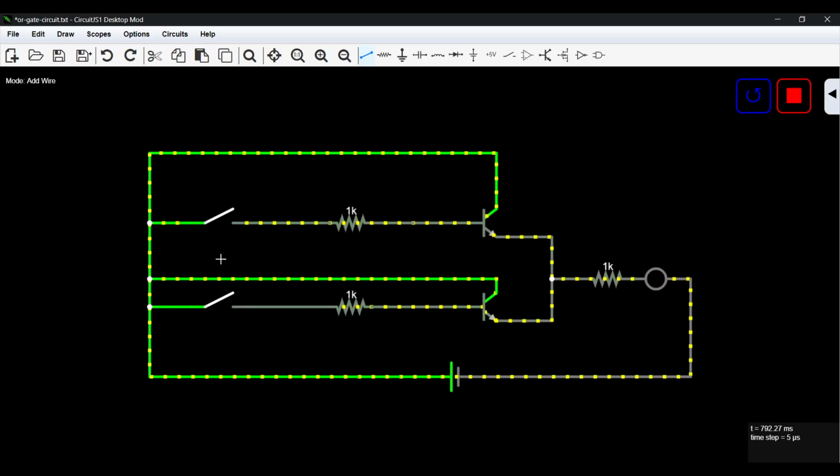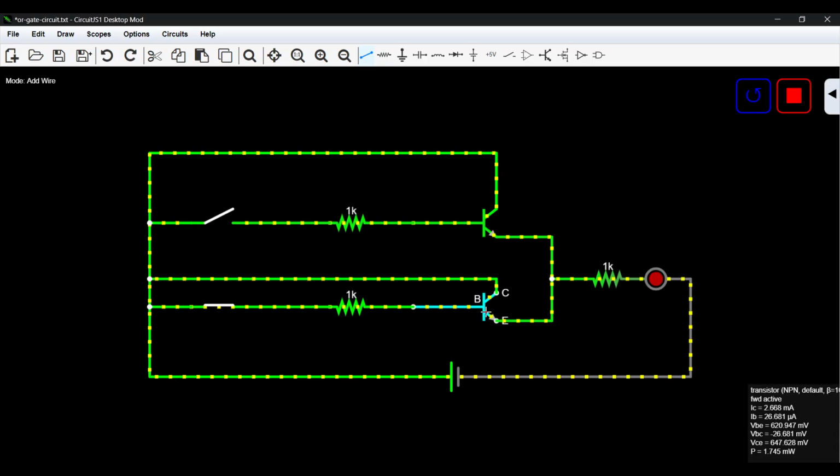And if I select B, the current also has this route to flow over here, then to this LED. It kind of has two paths. I can use either, but that's a better way to understand it.